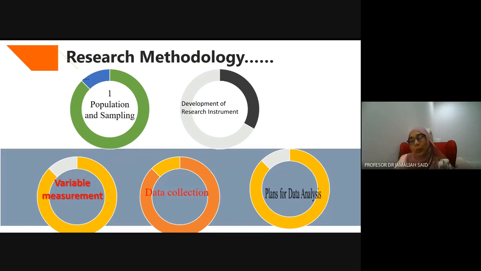If you are using a questionnaire, or secondary data like annual reports, what is the best software to analyze your data? At least you have to have some knowledge on that. We don't expect you to go deeper, but you have to have that section in the research methodology part.